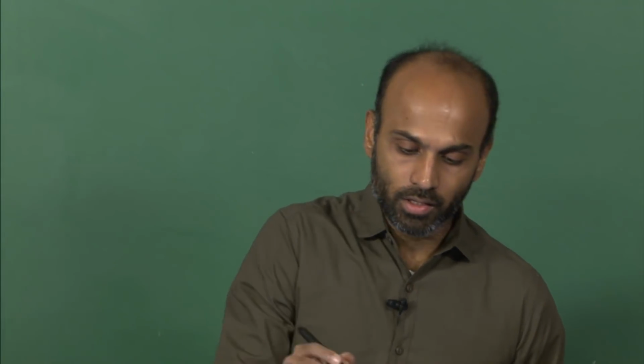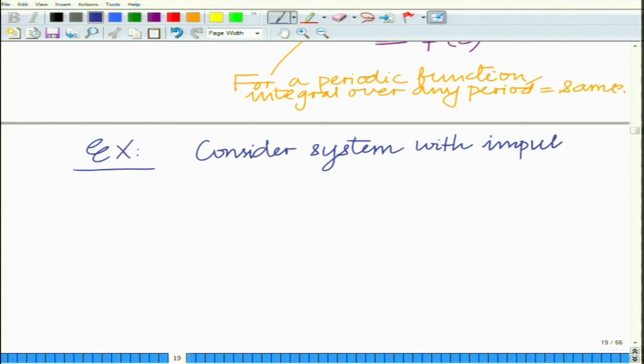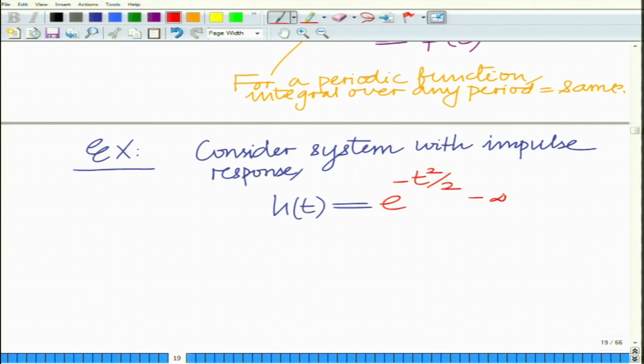Okay. Let us look at the next example, which is: consider the system with the impulse response h of t equals e to the power of minus t square by 2, for minus infinity less than t less than infinity.